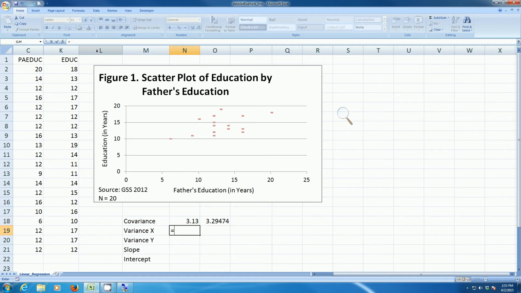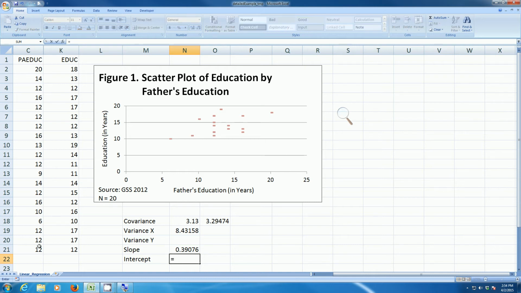Now we also need to get the variance of the independent variable to calculate the slope. The independent variable, again, in this case, is father's education. And that comes out to 8.43. Now, to get the slope, all we have to do is divide the covariance by the variance of the independent variable. And so we get a value of about 0.39. And from the slope, we can actually calculate the intercept.